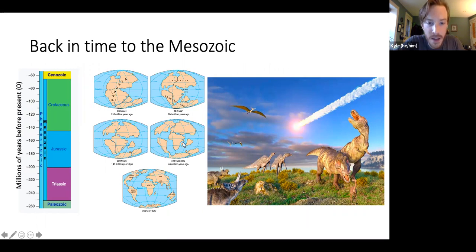So this is what the continents looked like in the Cretaceous 65 million years ago when the impact happened. It would have happened right around here. They almost look like they are today. The main difference is that North America is still connected to Europe and South America hasn't collided with North America yet.